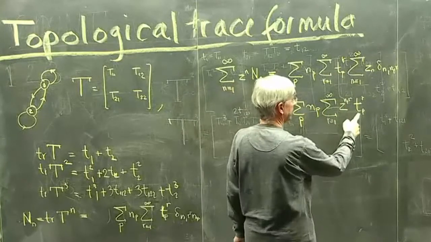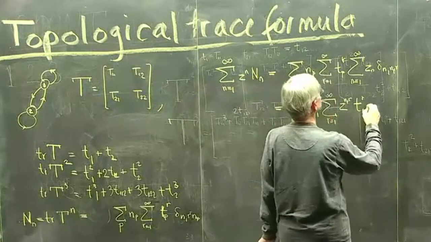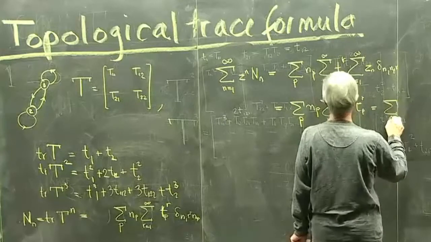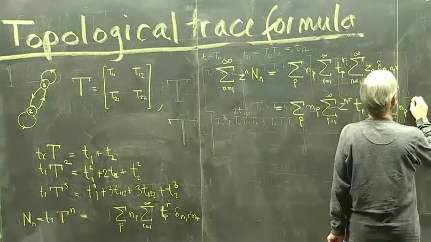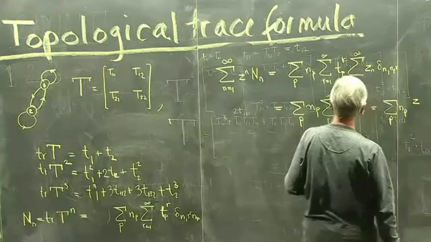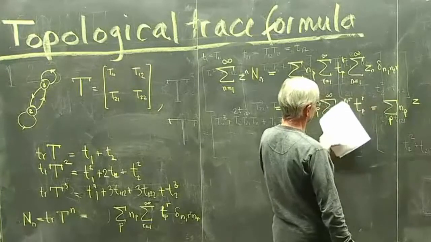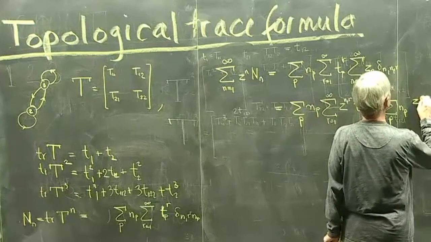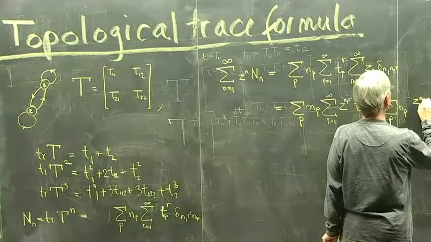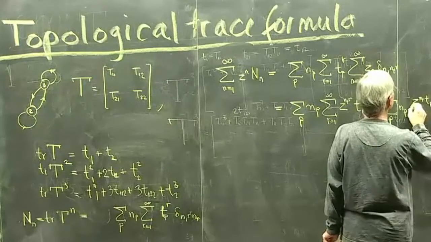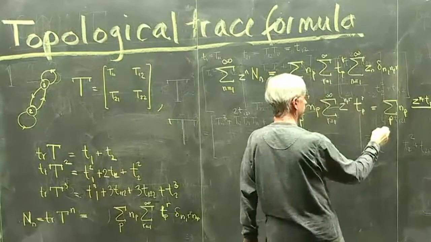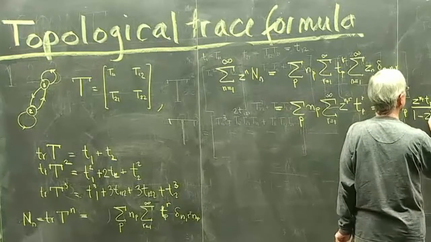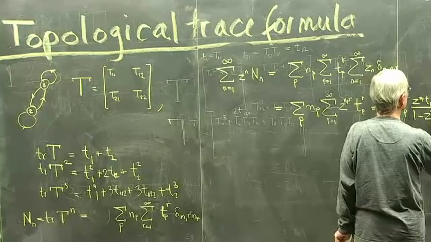But this is a geometric series, so we know how to add that up. This is a sum for all prime cycles. For each prime cycle we can do the sum, and it's z to the n of the prime cycle, its weight, and then the rest is a geometric series, 1 minus z to the length of the prime cycle.